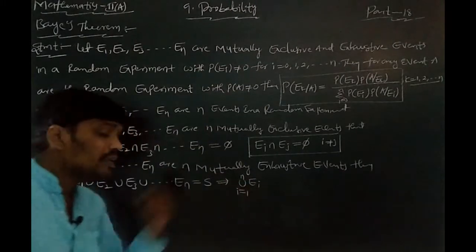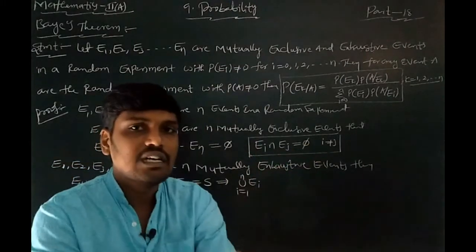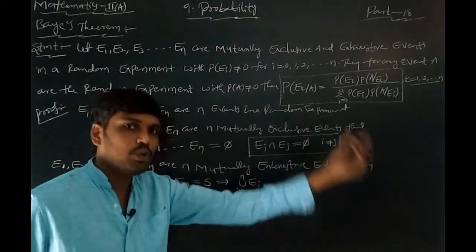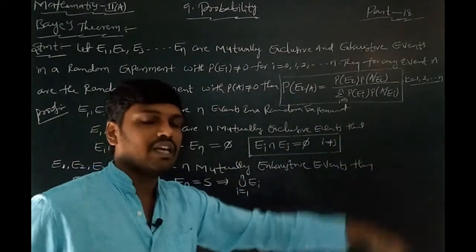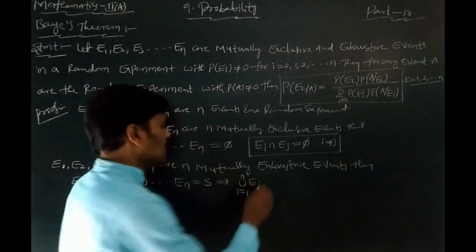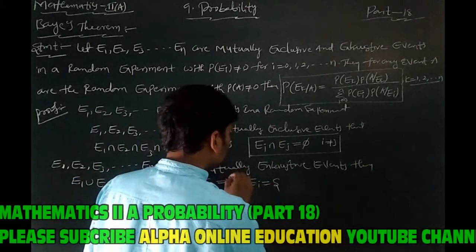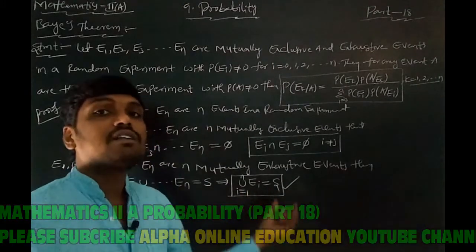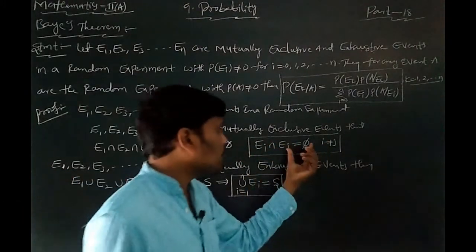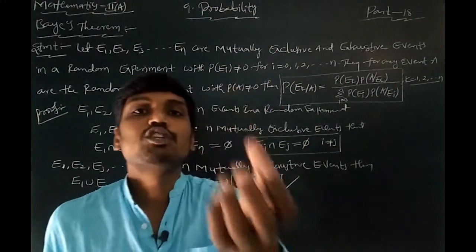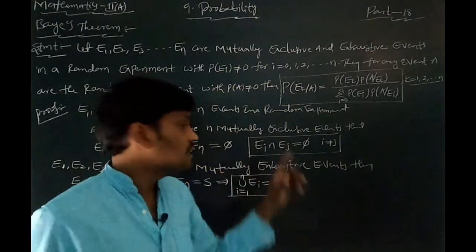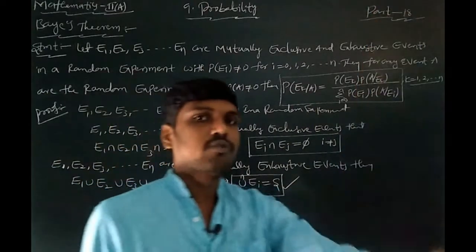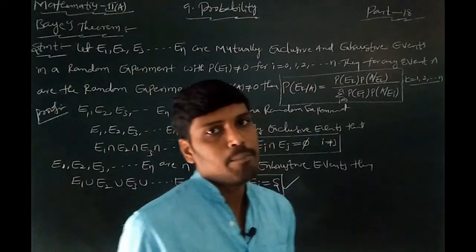Union is nothing but a combination: E1 union E2 union E3 and so on up to En, equal to S. This is very important. This point is for exhaustive events, and that point is for mutually exclusive events. These 2 points are very important for proving the Bayes theorem formula.